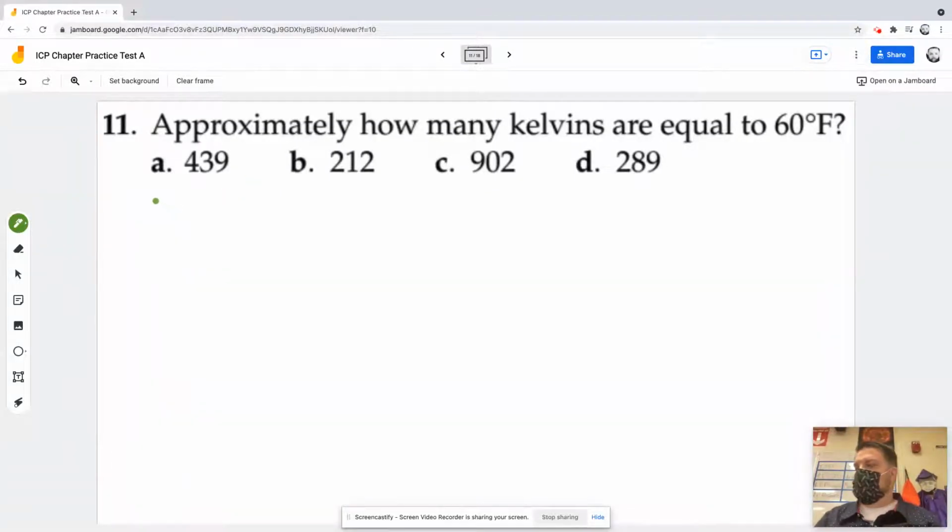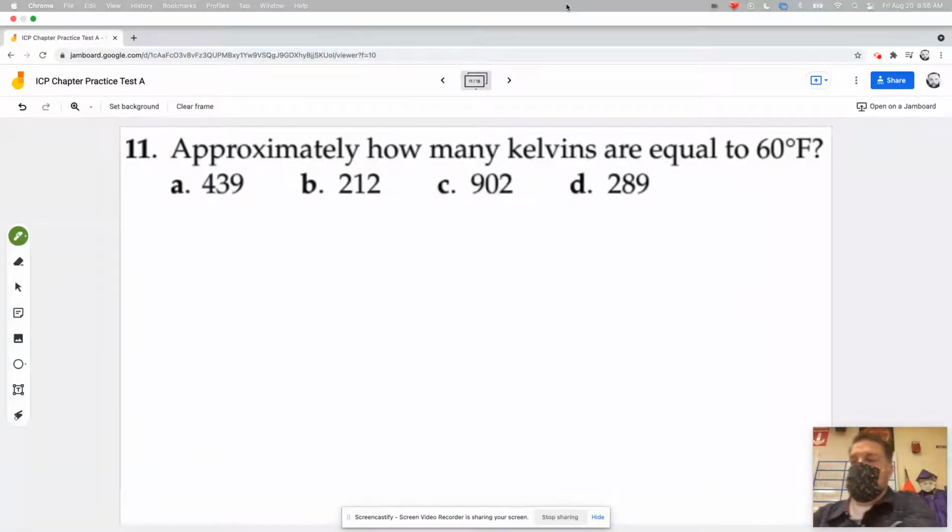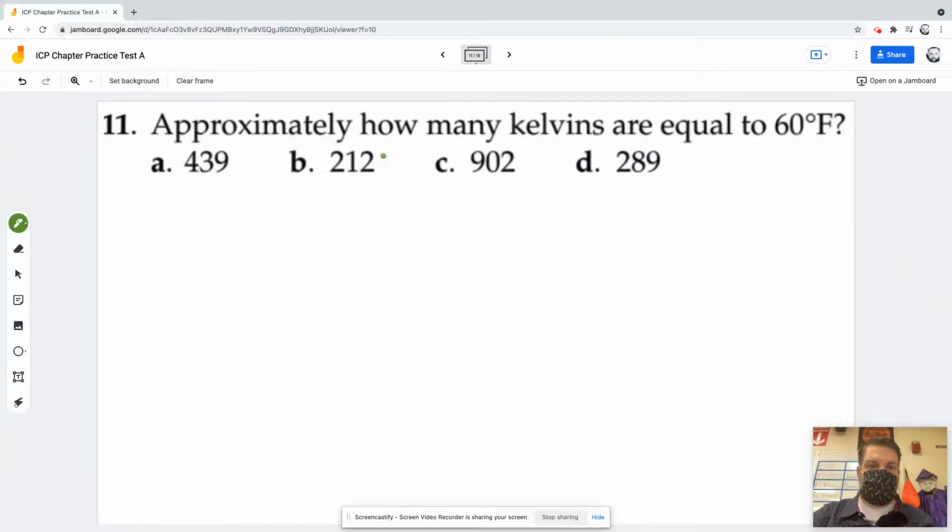All right, so now this one is a little more complicated. We're going to have to actually do some math on this one. So we need to convert to Kelvin. So first thing, what's the relationship between Celsius and Fahrenheit? Do you guys remember?